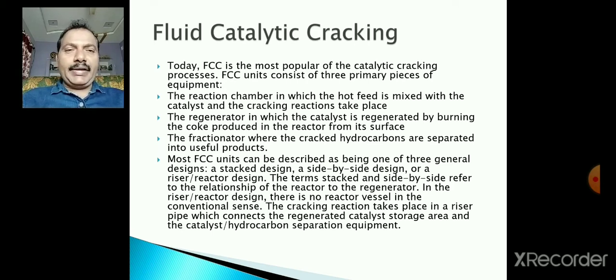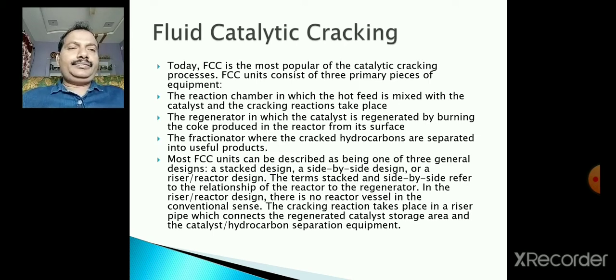So that is the main chamber in which the catalyst is added so that the mixture gets reactions, cracking takes place. And the next one is the regenerator, in which the catalyst is regenerated by burning the coke produced in the reactor from its surface.